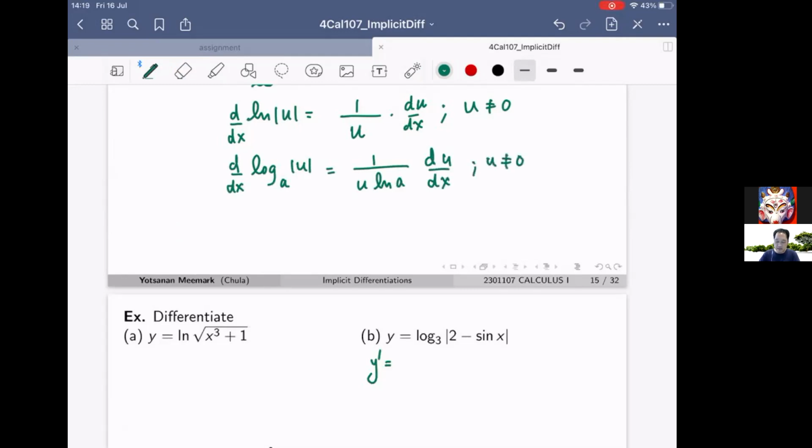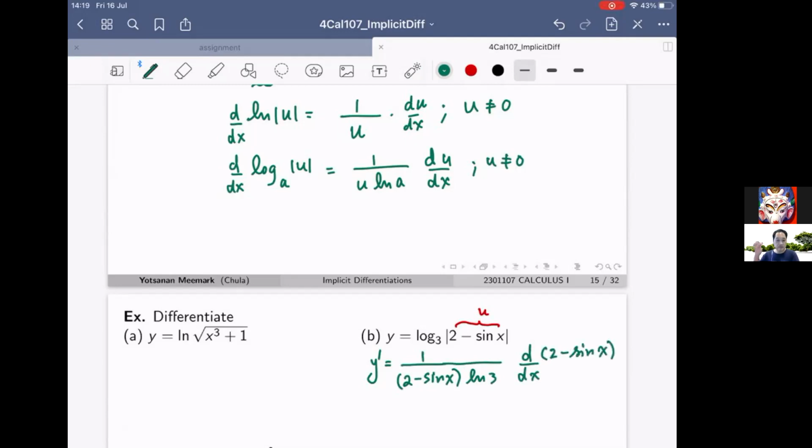This one happens to be log base e, so the log of e here just happens to be 1. Here your a is 3, and this one is your u. So it is 1 over u, and then log of 3, and the derivative of the one inside, which is 2 minus sine of x.